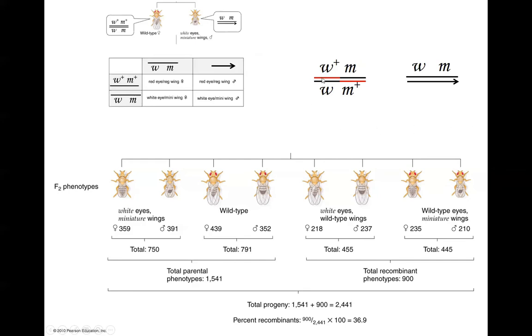All right, so we're going to end up with a wild type allele for eye color with a recessive allele for miniature wings. That is going to be different than the original parental phenotype. Here we're looking at the recessive white eye allele paired now, on the same X chromosome, with wild type wing morphology.